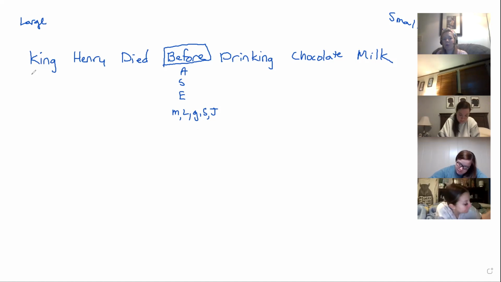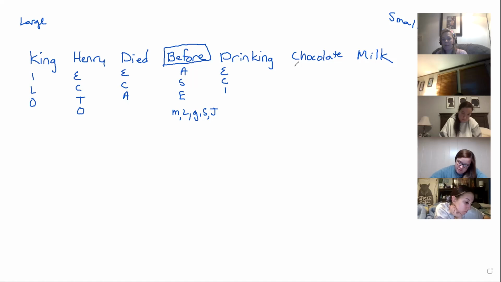So king is kilo. Okay. Henry is hecto. We don't use that one a whole lot. So much so that I'm like, is it hecto or hecto? It's hecto, yeah. Died is deca, like a decagram or something like that, 10. Drinking is deci, a tenth.